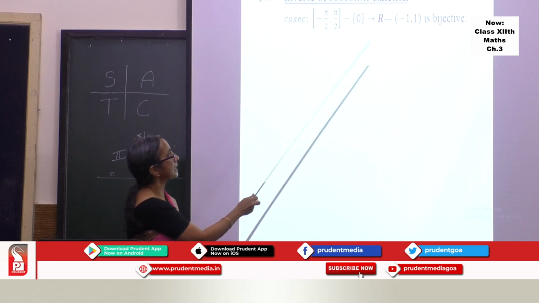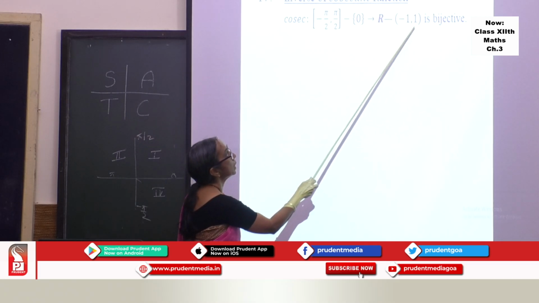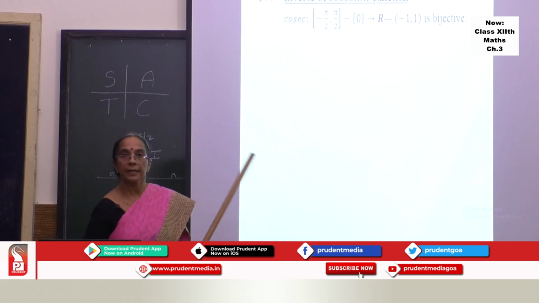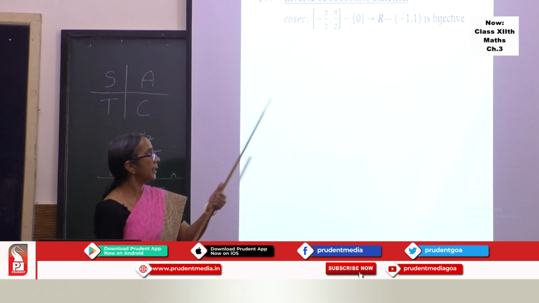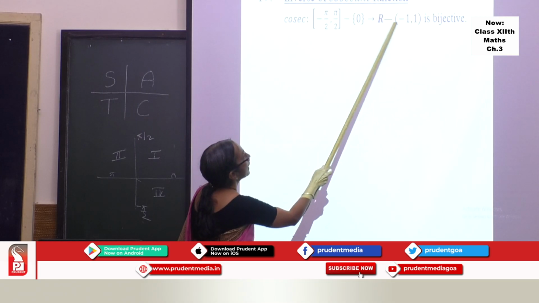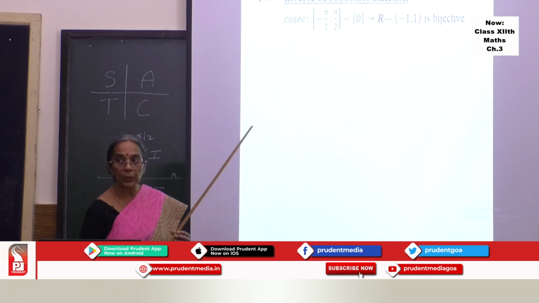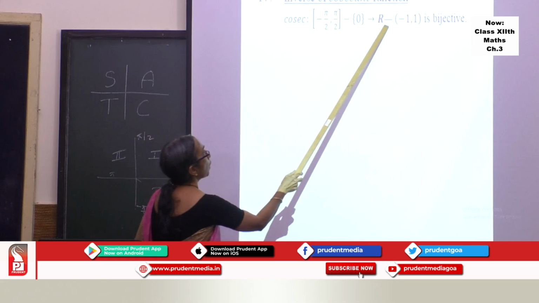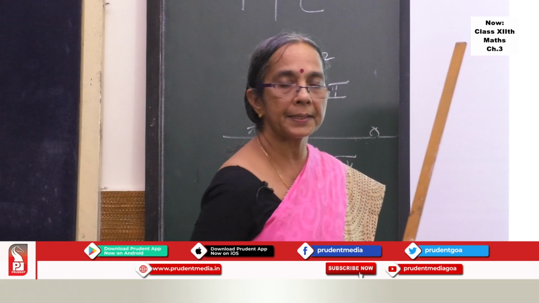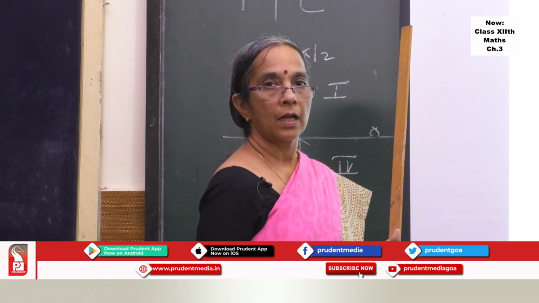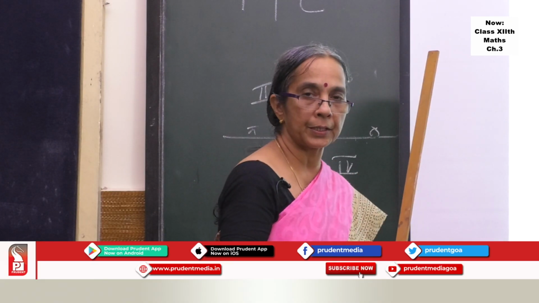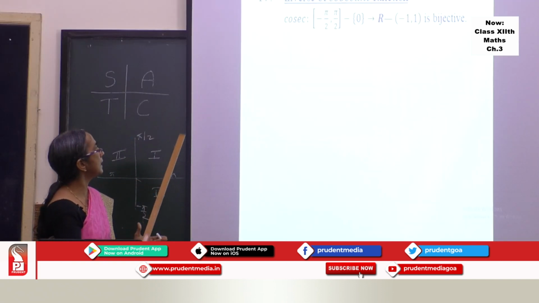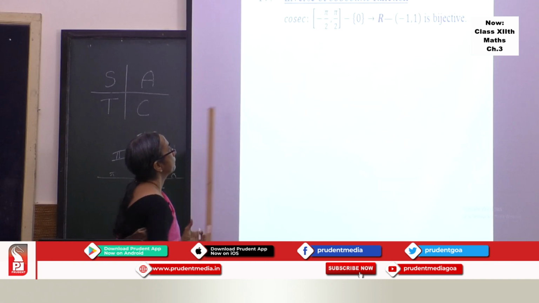So x can be greater than or equal to 1, or less than or equal to minus 1. That is the set of all real numbers greater than or equal to 1 or less than or equal to minus 1. This function is bijective.